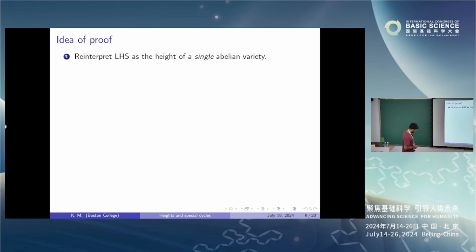Quickly. So the idea is to, first of all, reinterpret the left-hand side as the height of a single abelian variety. So I'm not going to give any of the details on this slide, I'm afraid, but just to give a feel of what goes into this.